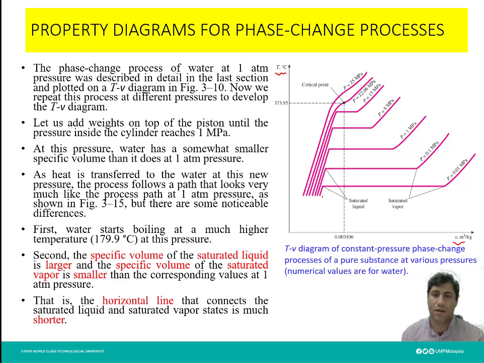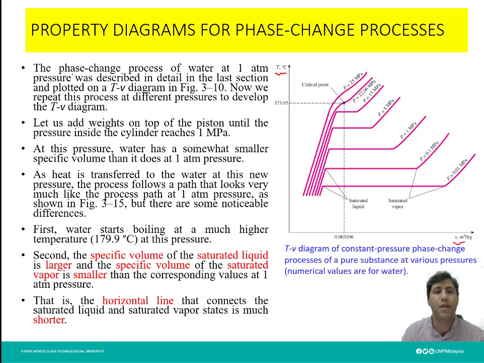Here, at the bottom of this graph, you can see the graph which we had. This is the graph for that process, for the water during that phase change process. You can see the similarity between this and the previous graph, and you can see its pressure.